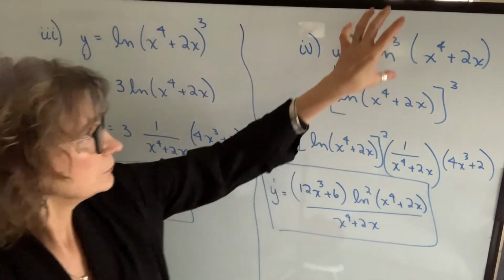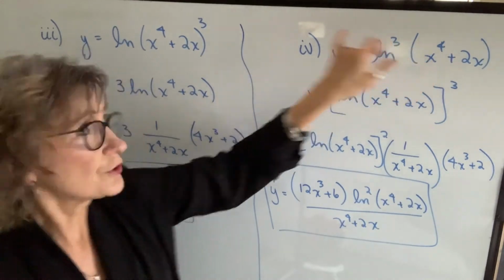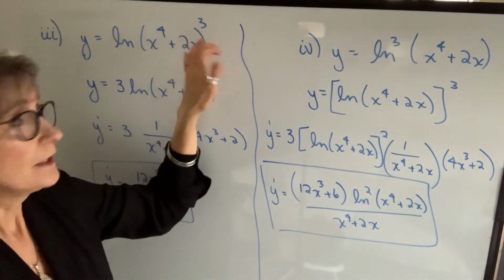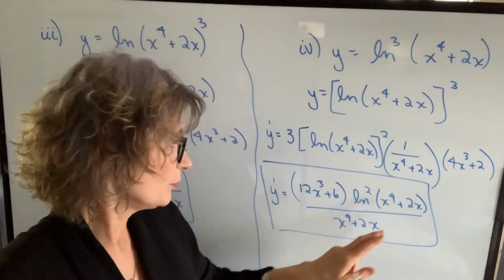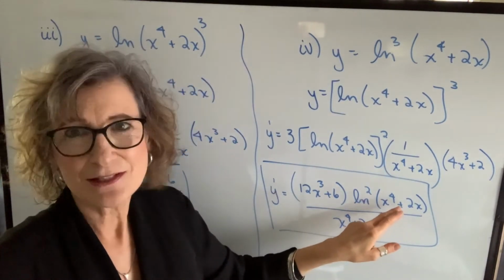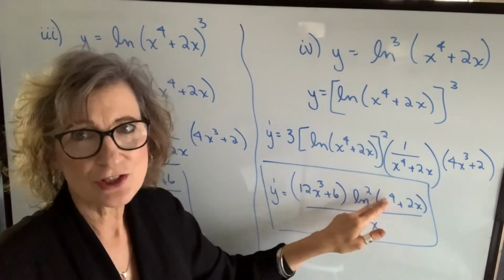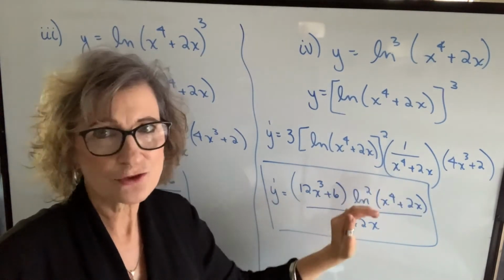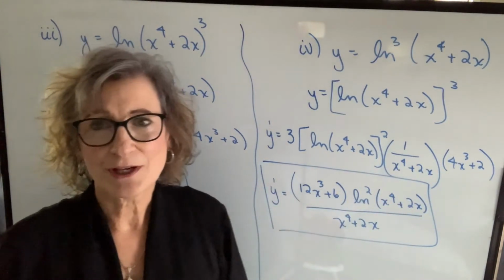So understand when the power is on the function, it's a different approach than when it's on the quantity. You can use the properties here, you can't there. The other thing I just want to point out, a lot of times I see students wanting to cancel because they see brackets, but this is not multiplication, it's the natural log of that. It's not natural log times that. So you cannot cancel an x to the 4th plus 2x.